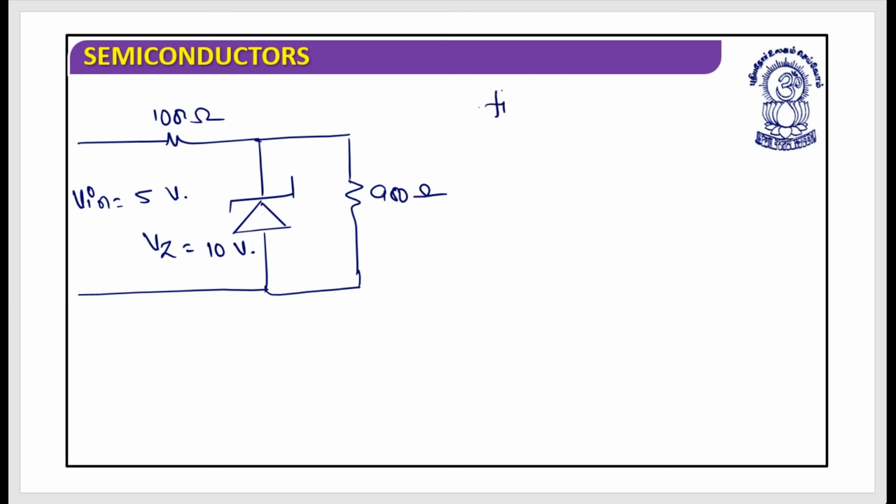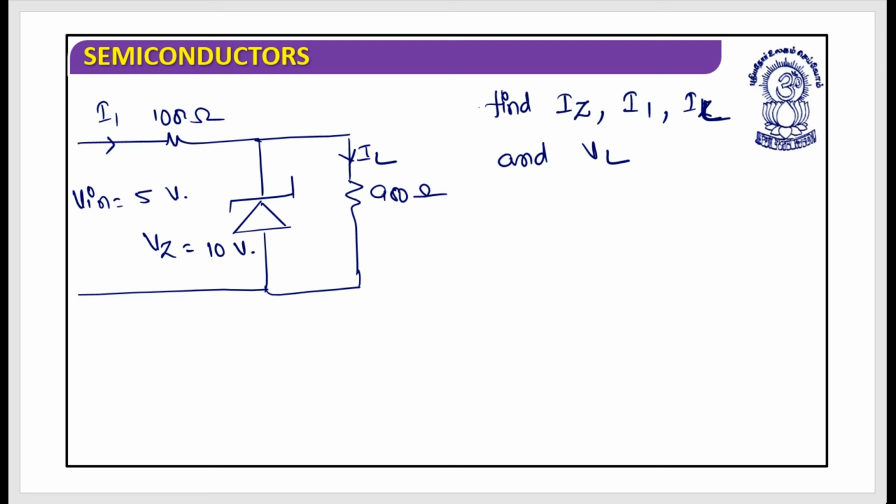So let's find Iz, which is the current through the Zener, this I1, this IL, and the voltage across the load resistance. This is the requirement.